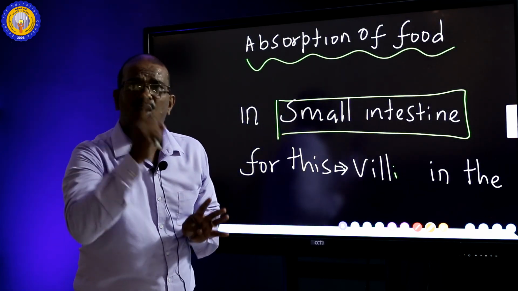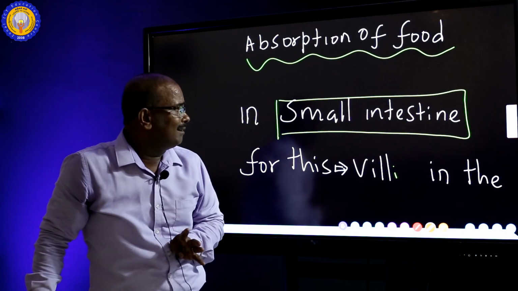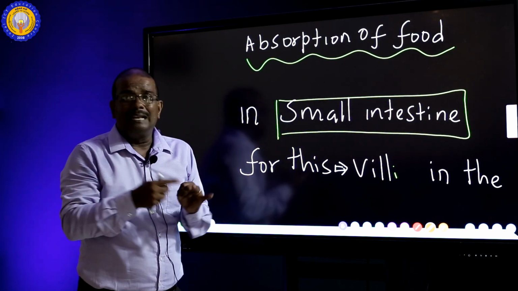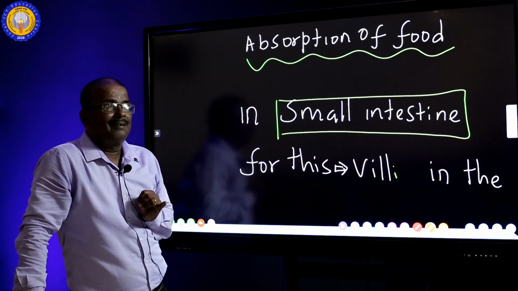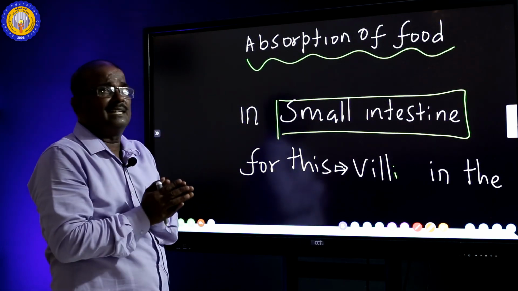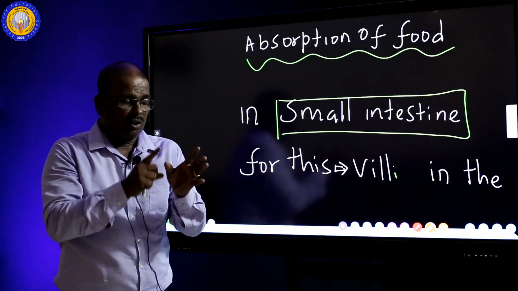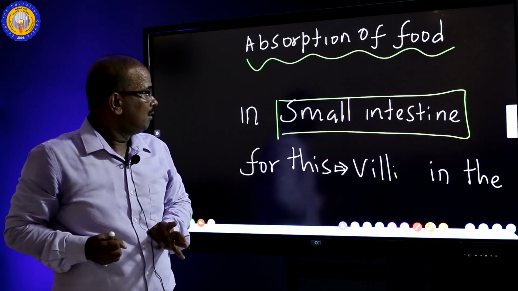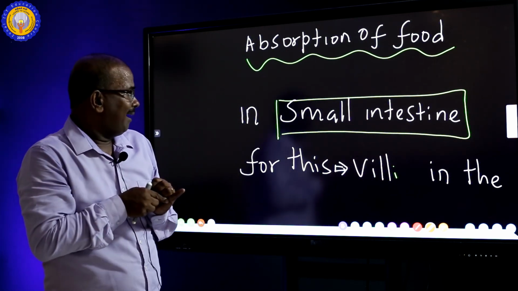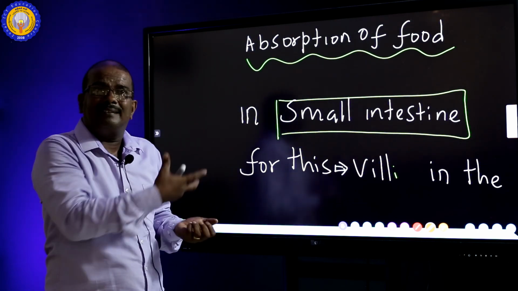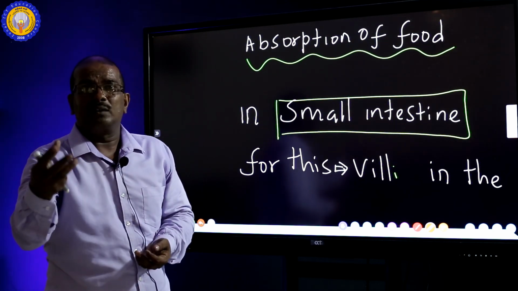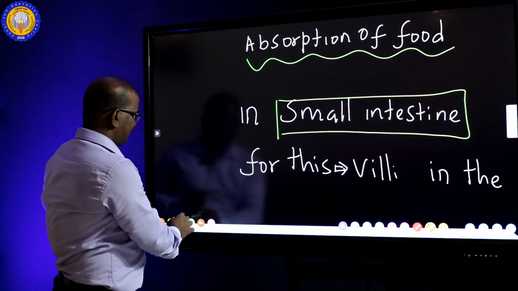It is a long tubular structure, folded, with villi and microvilli present, and associated blood capillaries and lacteal. These are the adaptations to absorb the digested food in the small intestine.